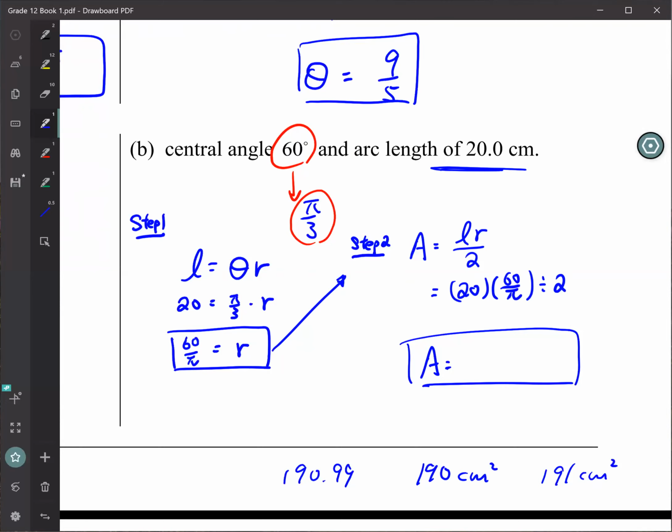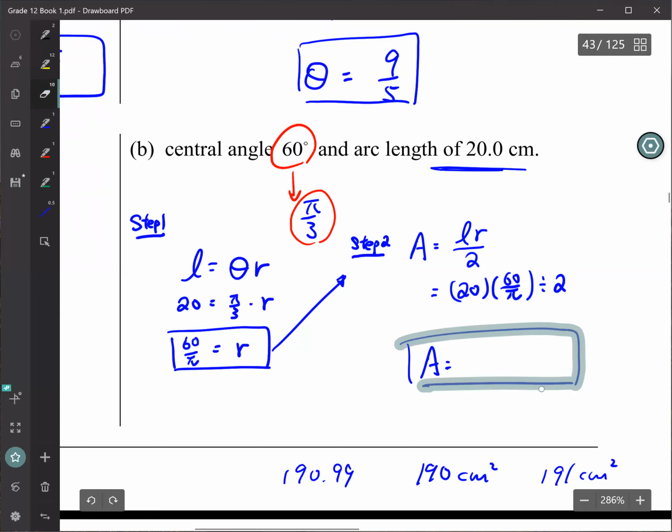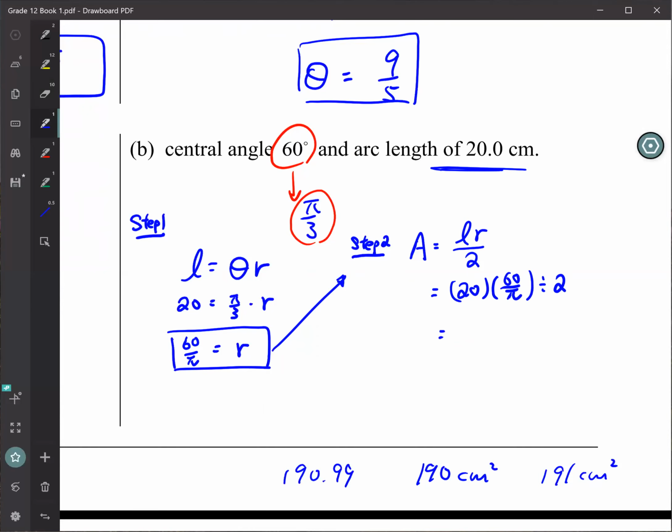Okay, and then let's simplify this. So the top, 20, you can think of it as 20 over 1. So that will be 1200 over pi times a half. So 600 over pi.